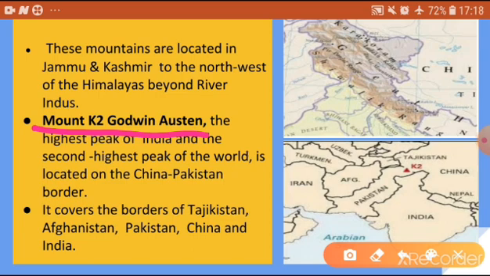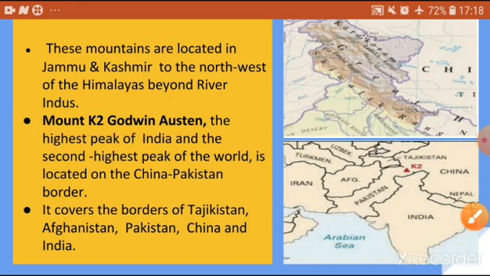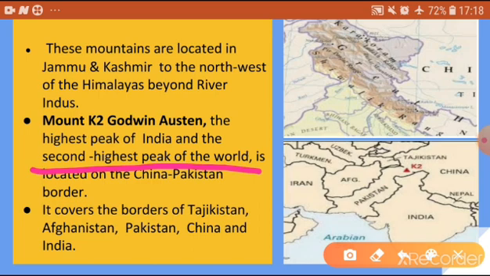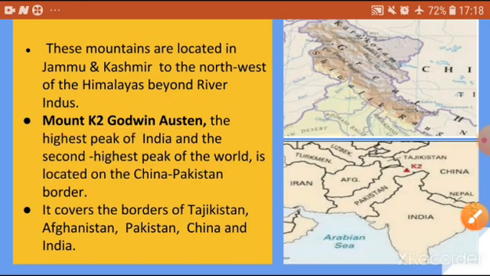Here, Mount K2 Godwin Austen is the highest peak of India and the second highest peak of the world. First highest peak is Mount Everest and this Mount K2 Godwin Austen is the second highest peak of the world. In India, the highest peak is located on the China and Pakistan border.